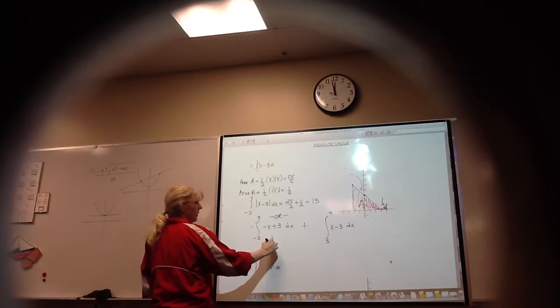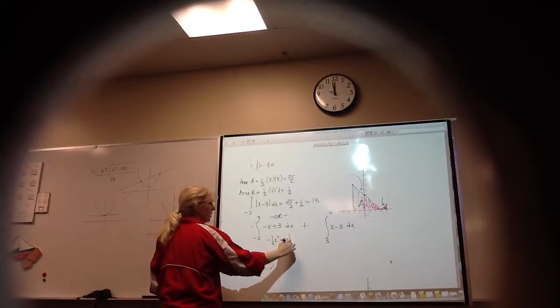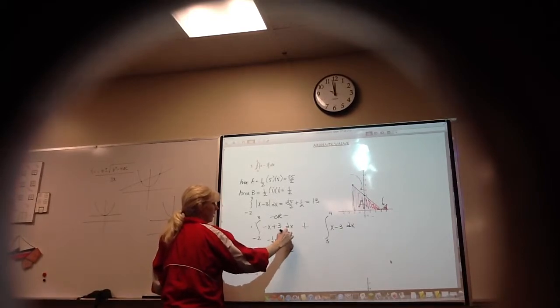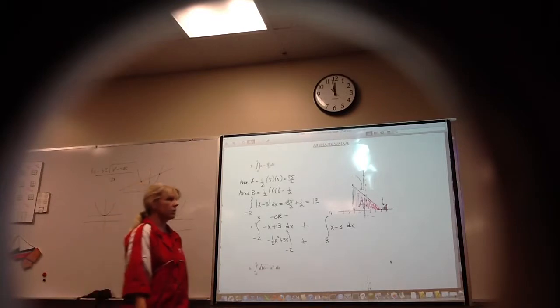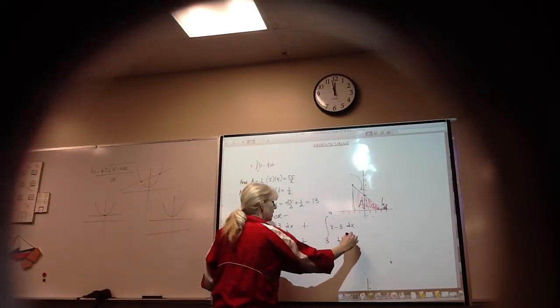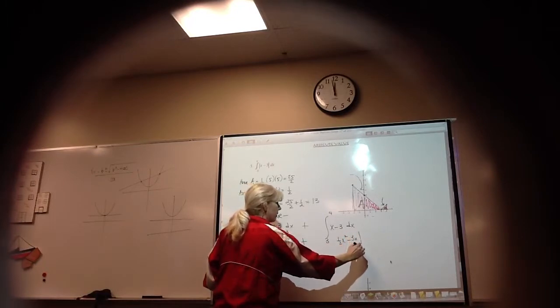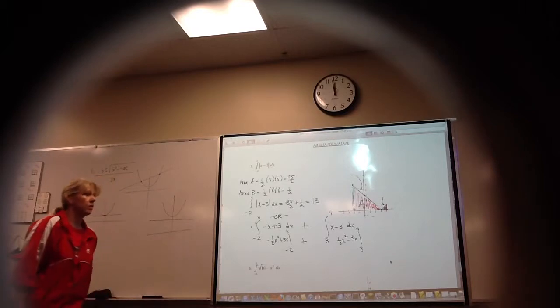Negative 1/2 x squared plus 3x, and we would integrate from negative 2 to 3. And the definite integral of x minus 3 would be 1/2 x squared minus 3x, and we'll integrate from 3 to 4. See if you get the same values. Go ahead.